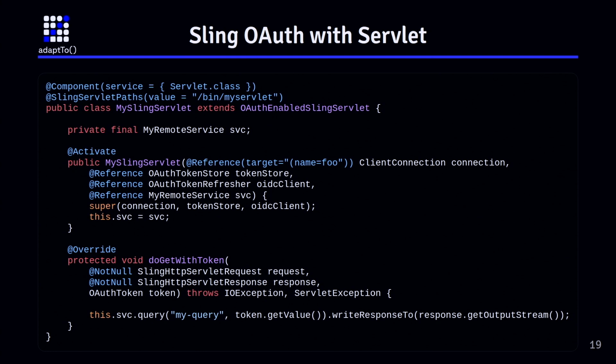If you like to work with servlets, there is a base class for that as well. The expectation is that you have a top-level servlet which renders HTML as opposed to forwarding to a script. And then you extend the base superclass, and instead of overriding doGet, you override doGetWithToken, which is a method guaranteed to give you the request, the response, and the valid token.